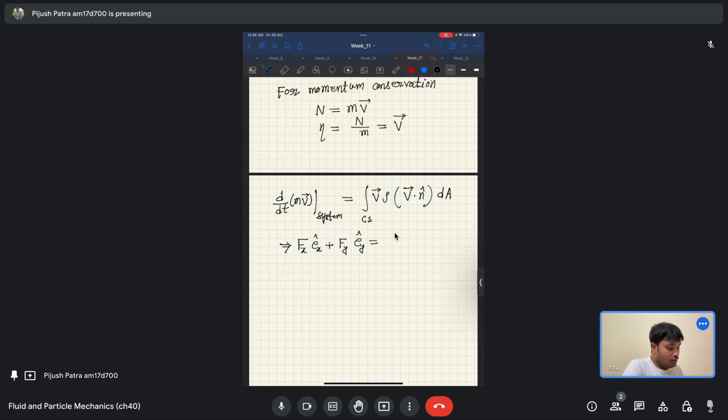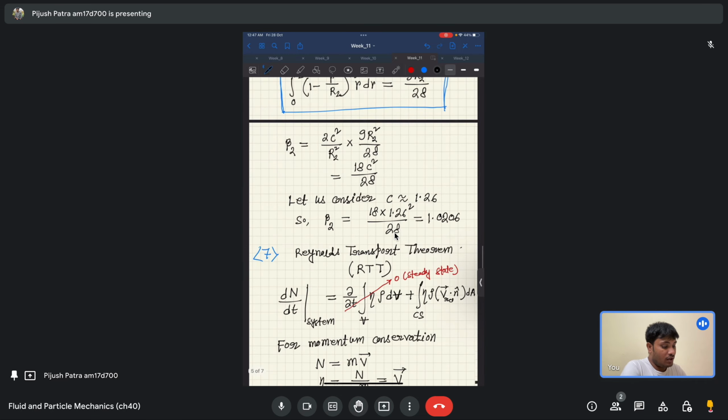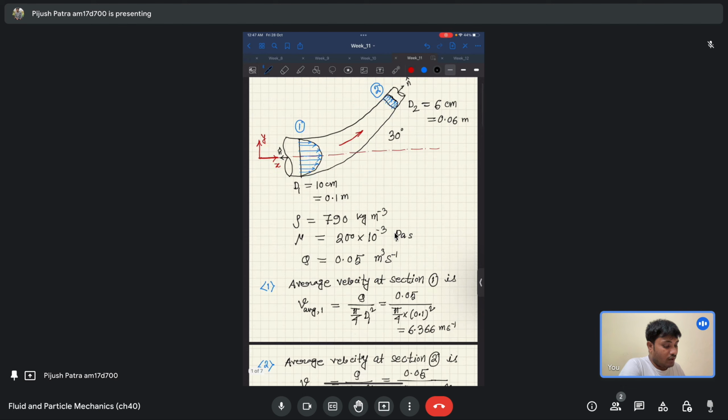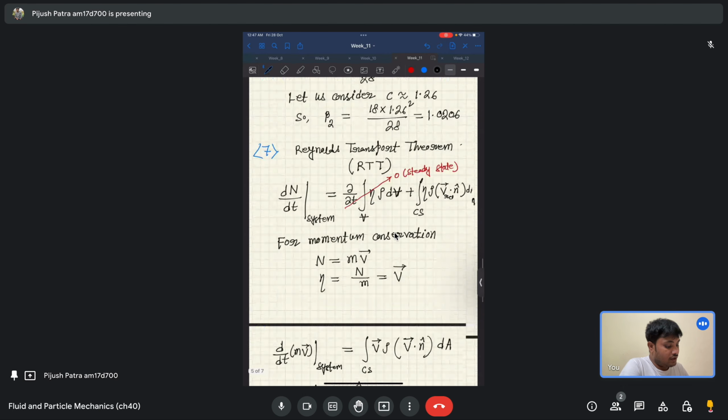So v dot n, let me first do that at the inlet. At the inlet the velocity is along the positive x direction and v dot n is equal to -1, because n is the unit normal, so n is in this direction, that is the direction of n cap here, and that is the direction of n cap here. So v dot n is equal to -1 here.